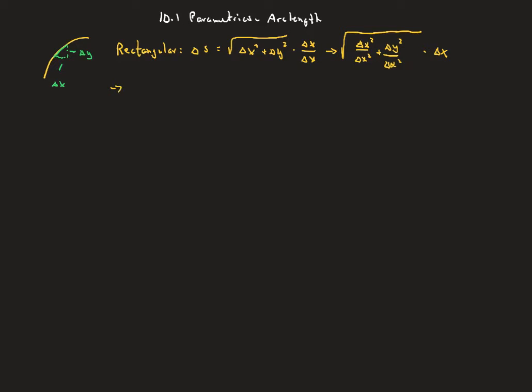The delta x squared over delta x squared is just 1, and for delta y squared over delta x squared, we went through a little bit using the mean value theorem, but eventually we said that was really going to be f prime of x squared, and then we had our delta x on the outside. That was just our little differential length.